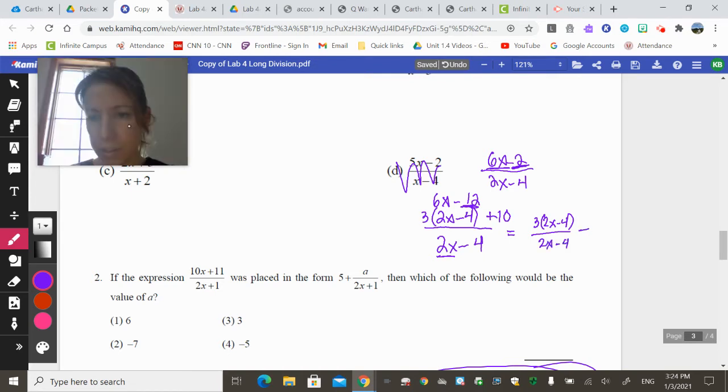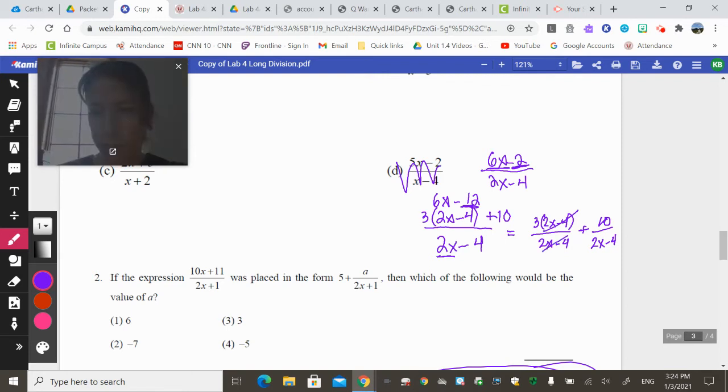And then I have the plus 10 over 2x minus 4. And here, this will just cancel to 3. So my final answer is just 3 plus 10 over 2x minus 4. Again, you could have used long division to get this answer.